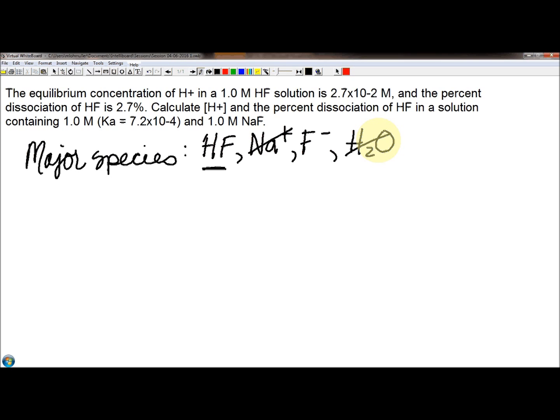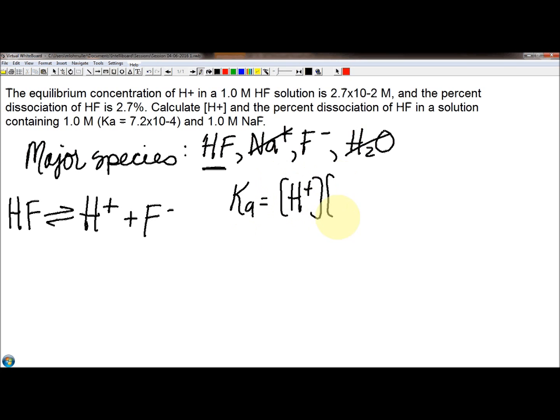Our acid equation for the dissociation is that the acid breaks down into its proton plus its anion. So then we'll have a Ka value equal to the hydrogen concentration times the fluoride concentration over the hydrofluoric acid concentration.